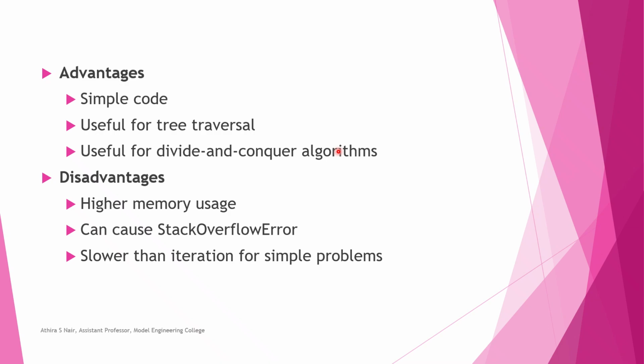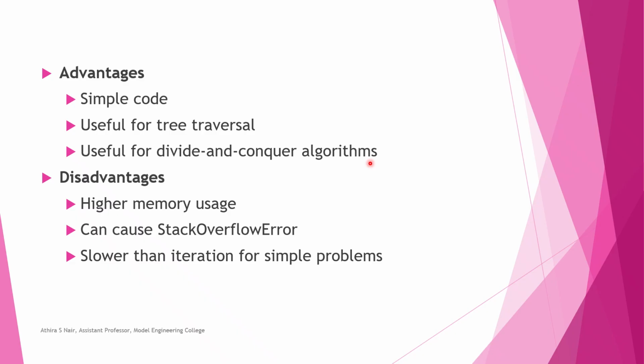Now one common question is what is the difference between recursion and iteration? Or are they same? So iteration generally uses loops like for, while, do while. But recursion uses repeated method calls. So recursion can make some problems easier to express, especially problems involving tree traversals, graphs, divide and conquer algorithms, and backtracking.